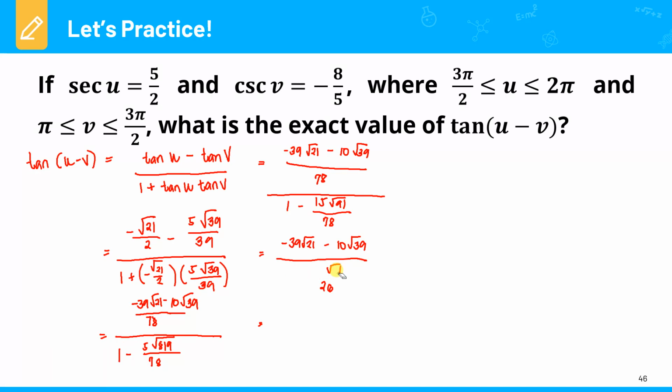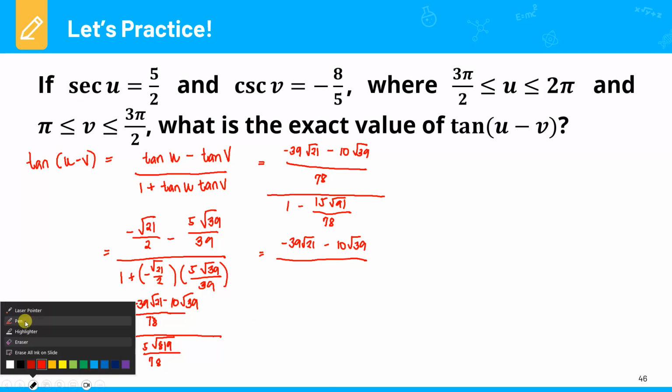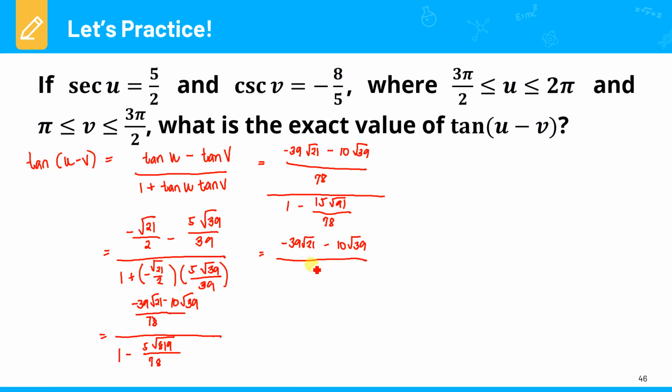So this one is over 78, all over 1 minus 3 square root of 91 over 26.